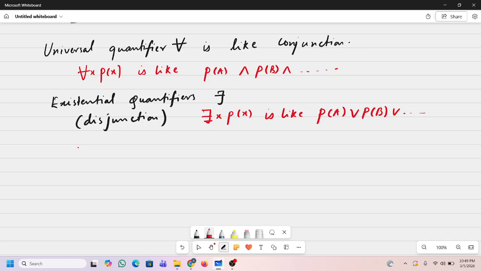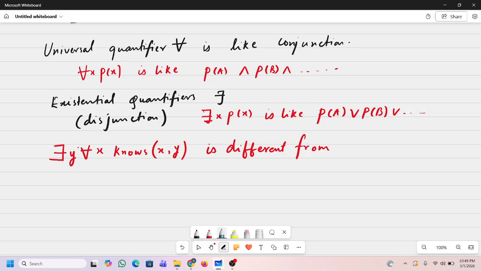One more thing that is very important is that there exists y, for all x, knows(x, y) is different from for all x, there exists y, knows(x, y). So the order matters.